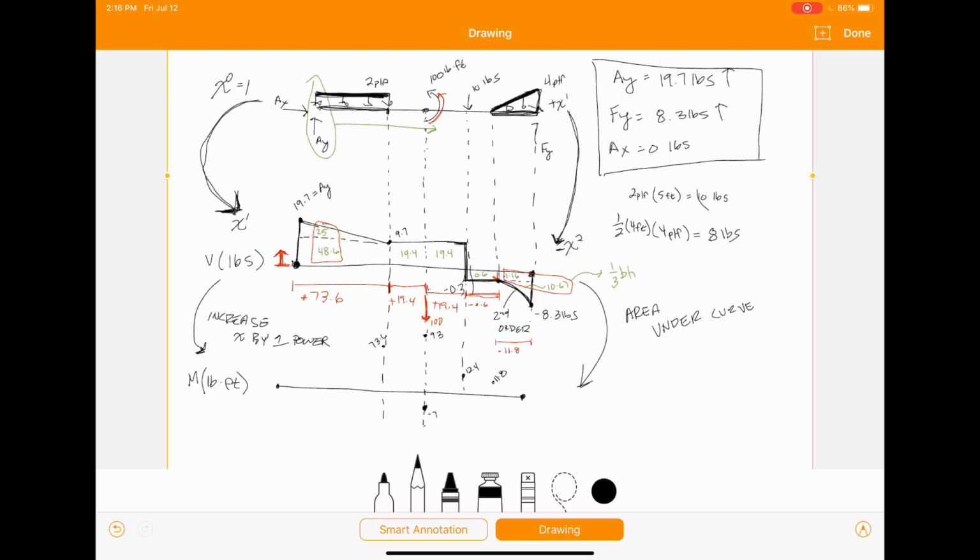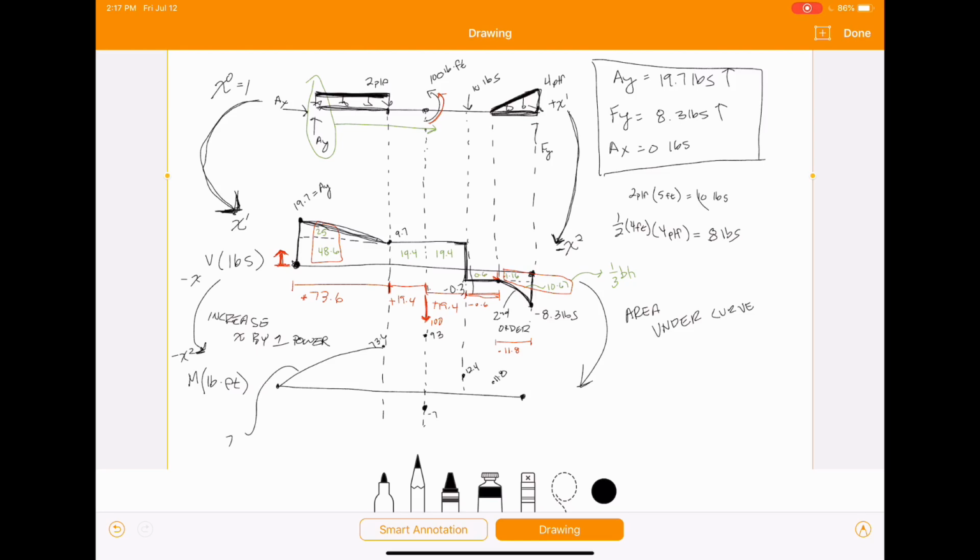So if we look at this first section, we have a negative linear line. So that would be like having a negative x. So down on our moment, we've got to have negative x squared. So that's going to look like that.